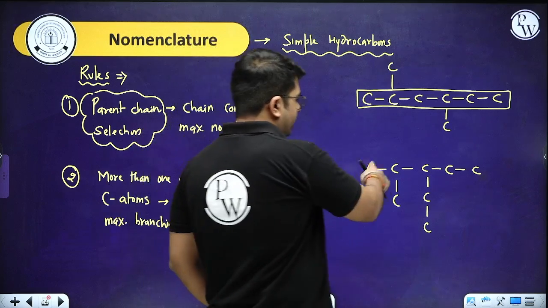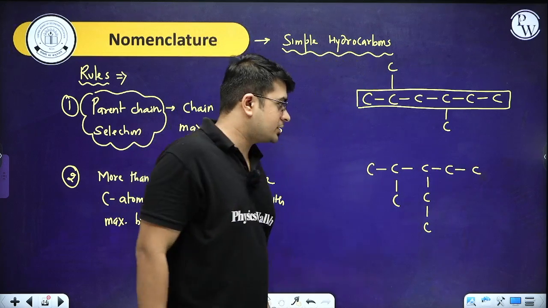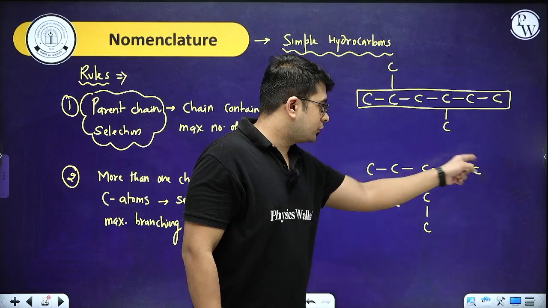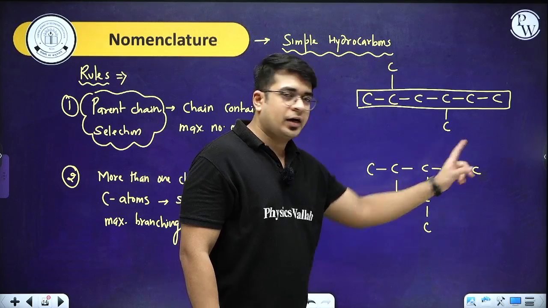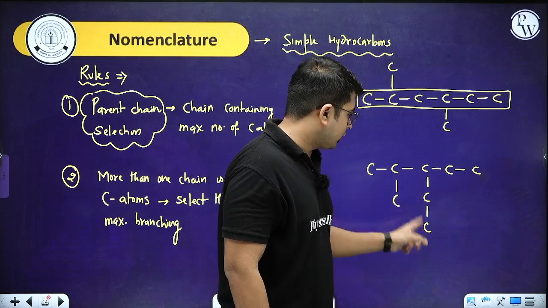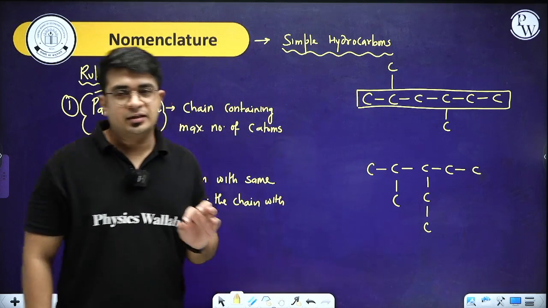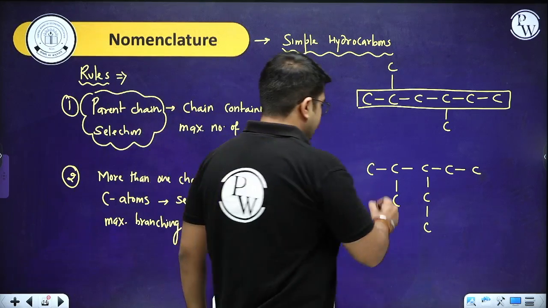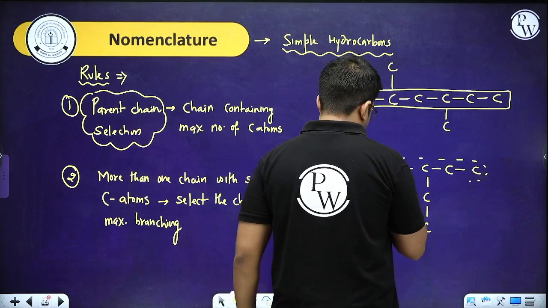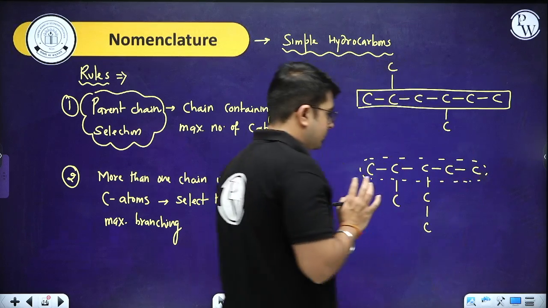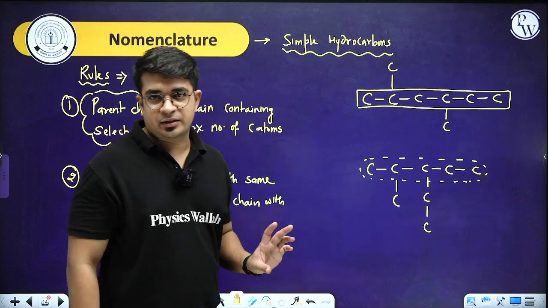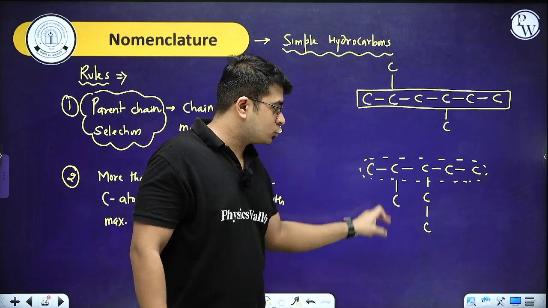So I can say 1 2 3 4 5, one part is there, and next part is 1 2 3 4 5. So different chains are present, carbon 5 atoms. Now in this particular case, if you are selecting this part, how many side atoms are there? One branching is there, two branching are there. So this chain actually includes two branching only.